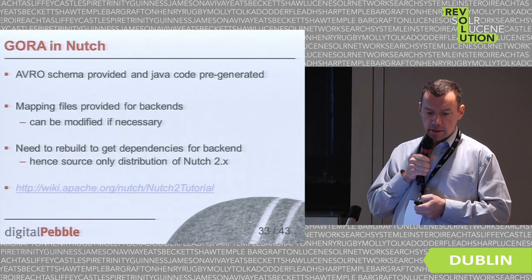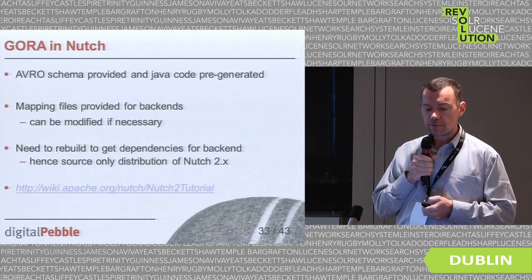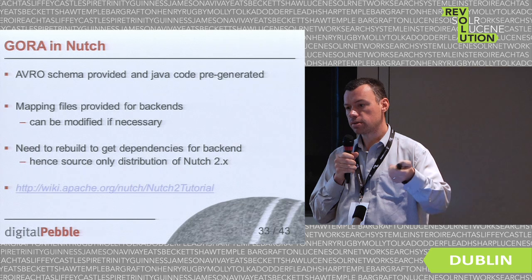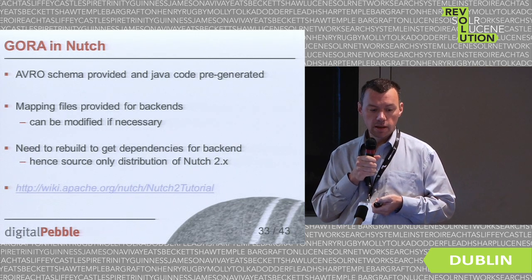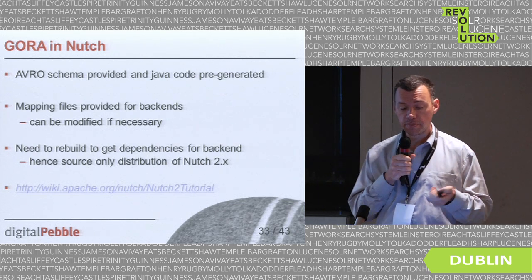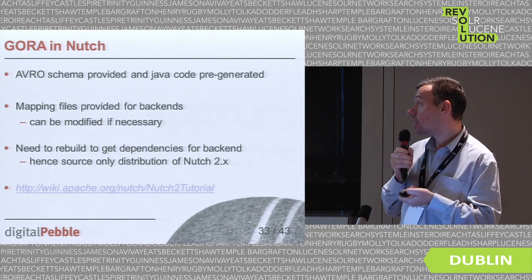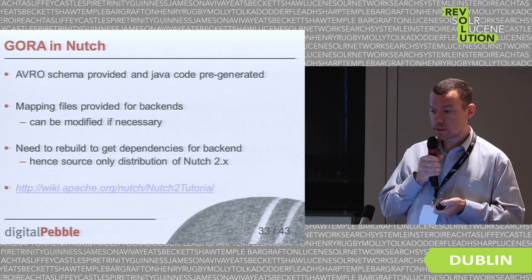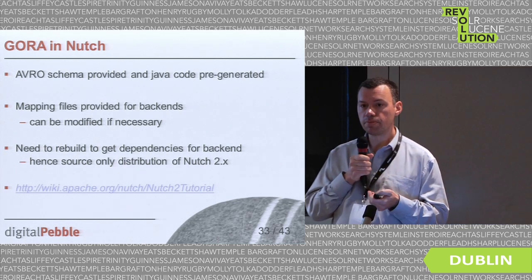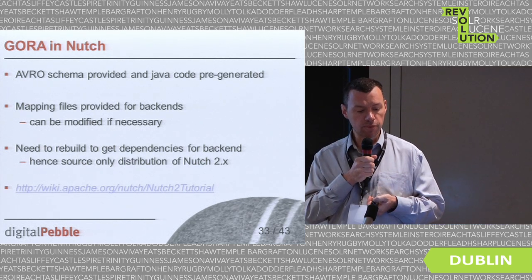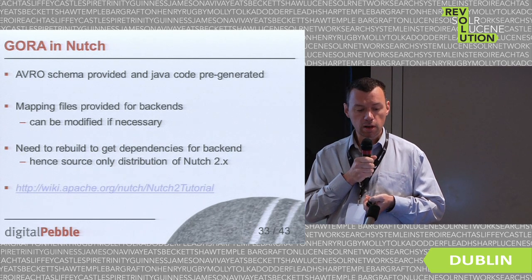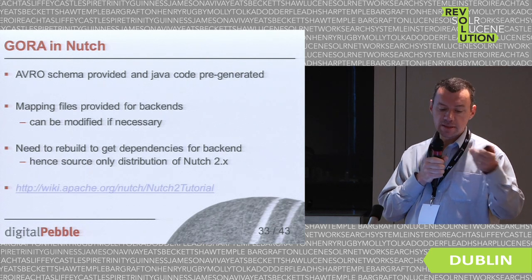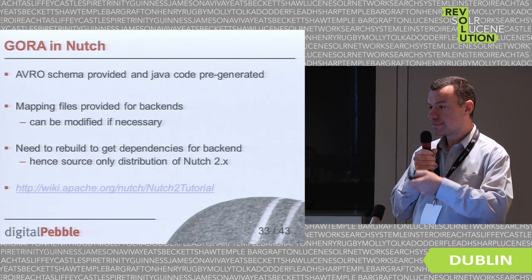So with GORA in Nutch, we obviously have an AVRO schema, which is already there, and the Java code from that schema is already pre-generated. We have mapping files for some of the backends and they can be modified if necessary. But the thing with GORA is that we don't really know what backend people will want to use with Nutch 2, which is why when you use Nutch 2, you need to modify the dependencies in Ivy and say, okay, I'll be using, say, HBase.